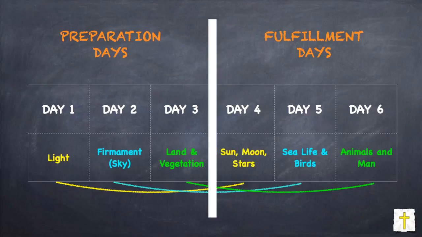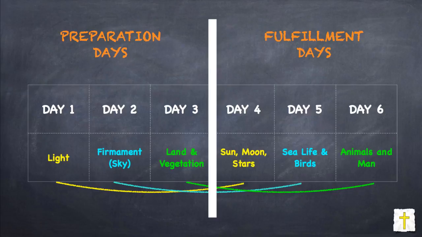So basically what you see here is light was created on day 1, but that was just the very basic foundation of what we see in the skies or in the heavens. But on day 4, God continues and completes his work in the heavens with the light givers that give light upon the earth by making the sun and the moon and the stars.